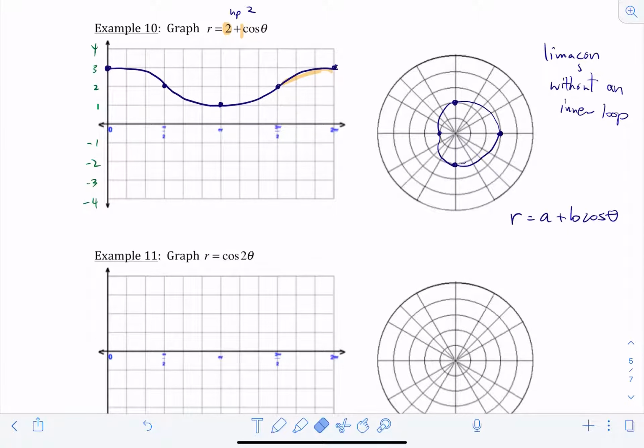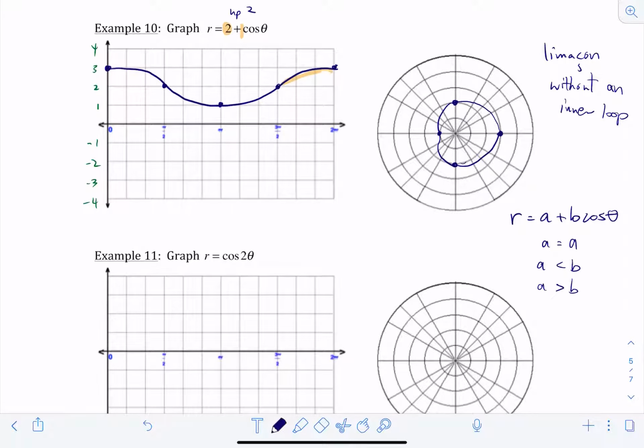So you had three cases. You had a and b the same, you had a less than b, and then you had a greater than b.